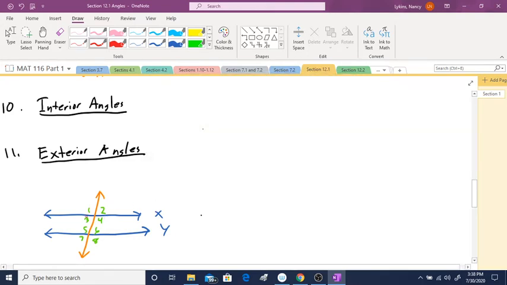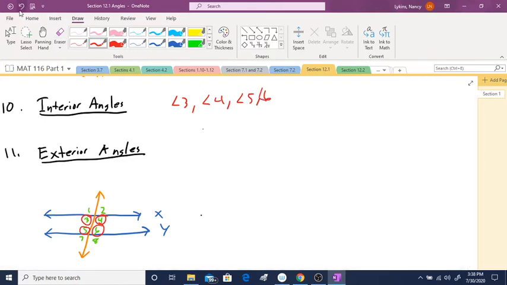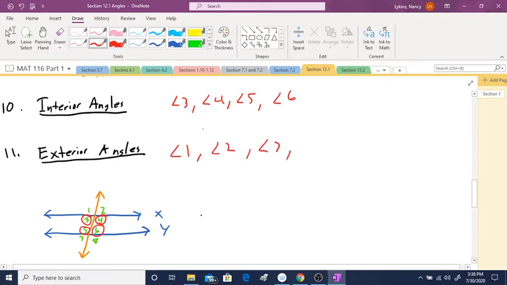Well, let's look at the interior. Look at this, 3, 4, 5, and 6. And look at my exterior. That leaves 1, 2, 7, and 8. And I just put this in numerical order. You don't have to, but I just did that.